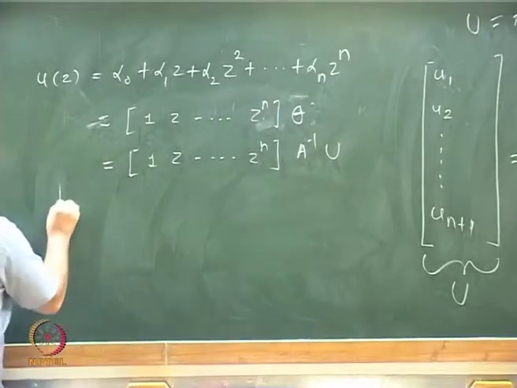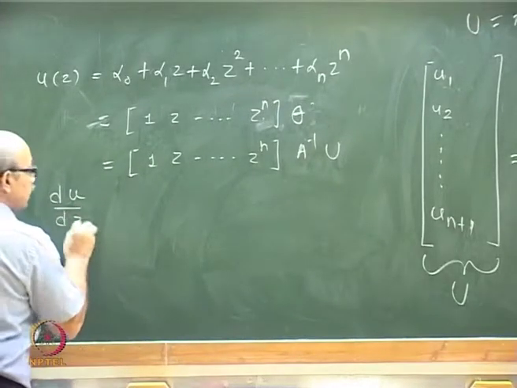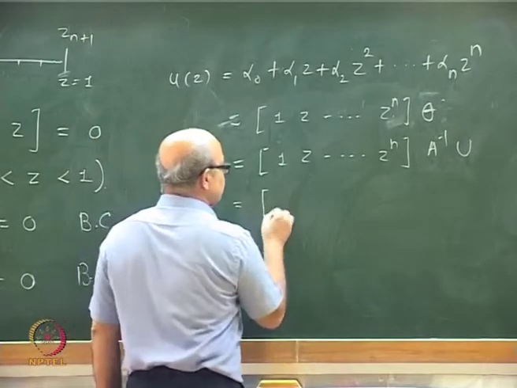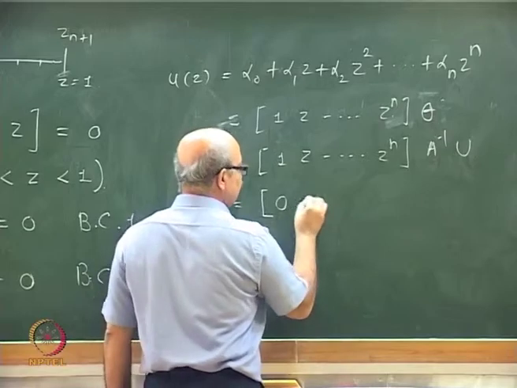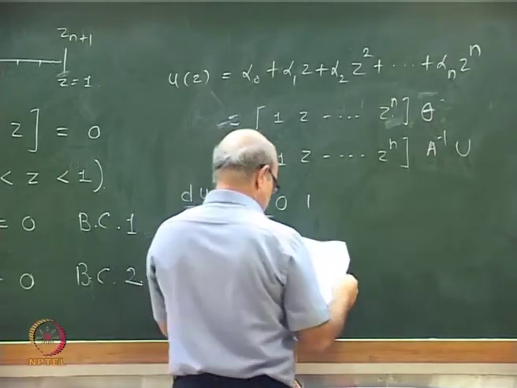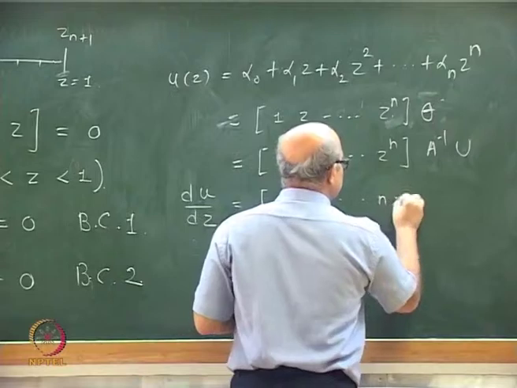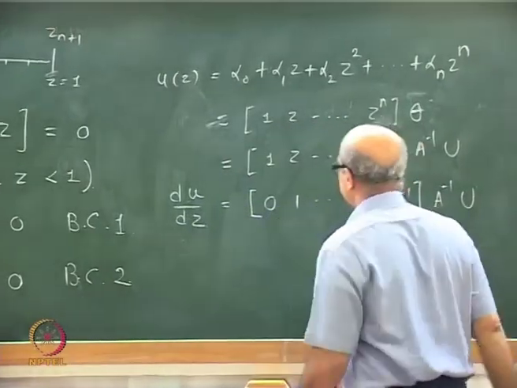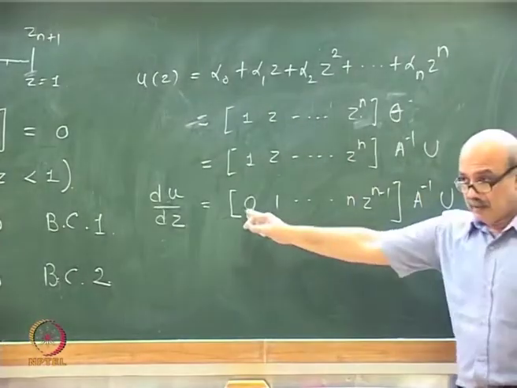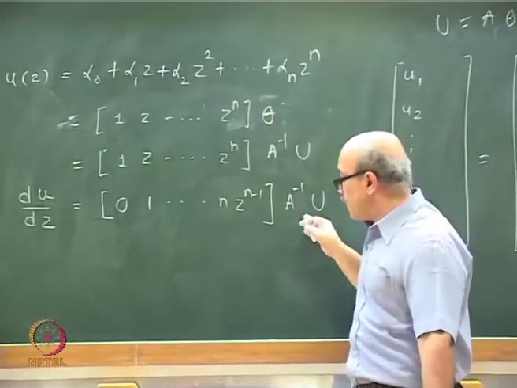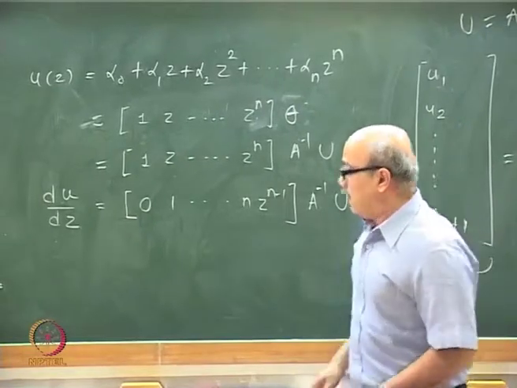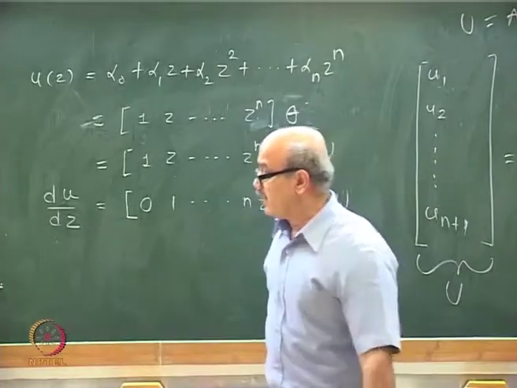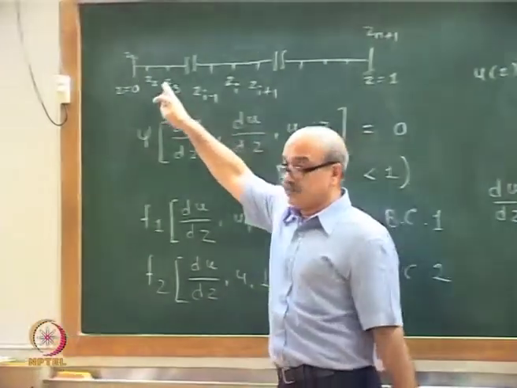And then I wanted du by dz. If you take du by dz, this vector becomes 0, 1, up to n z to the power n minus 1, times A inverse U. This vector is just 0 to n. Then I want to evaluate the derivative at these collocation points.